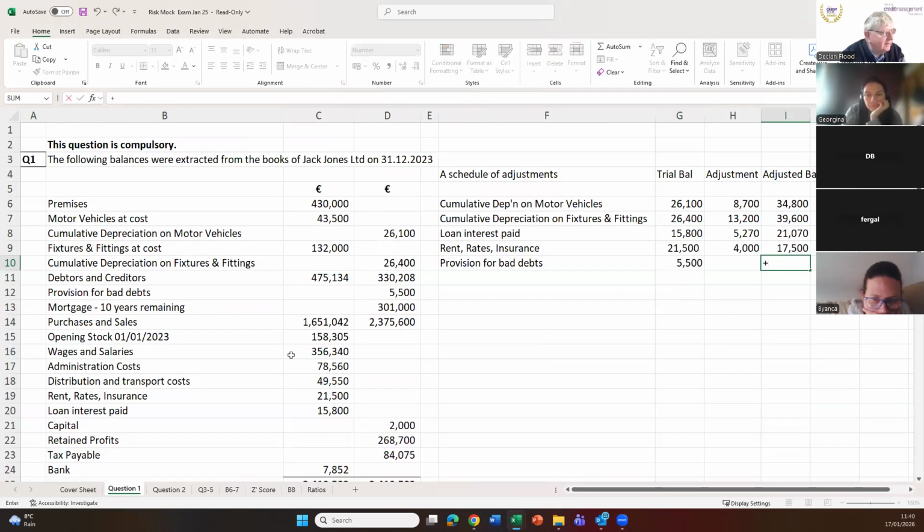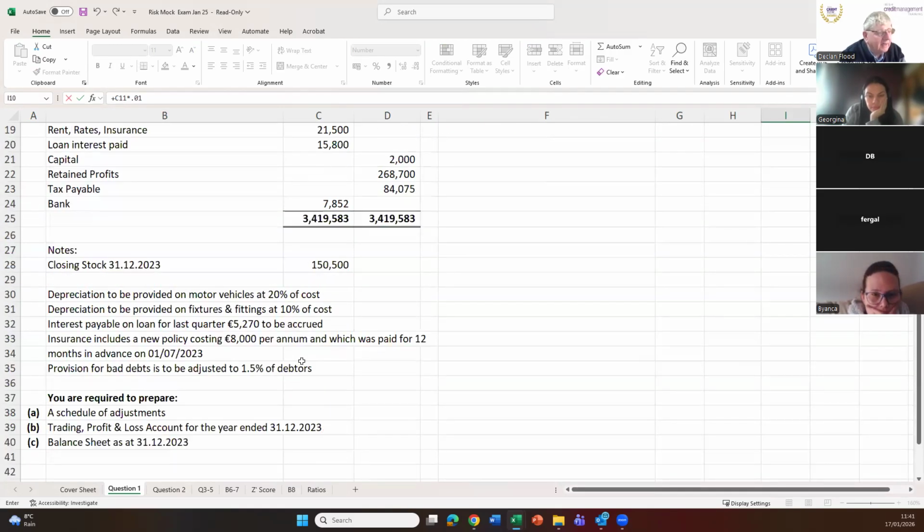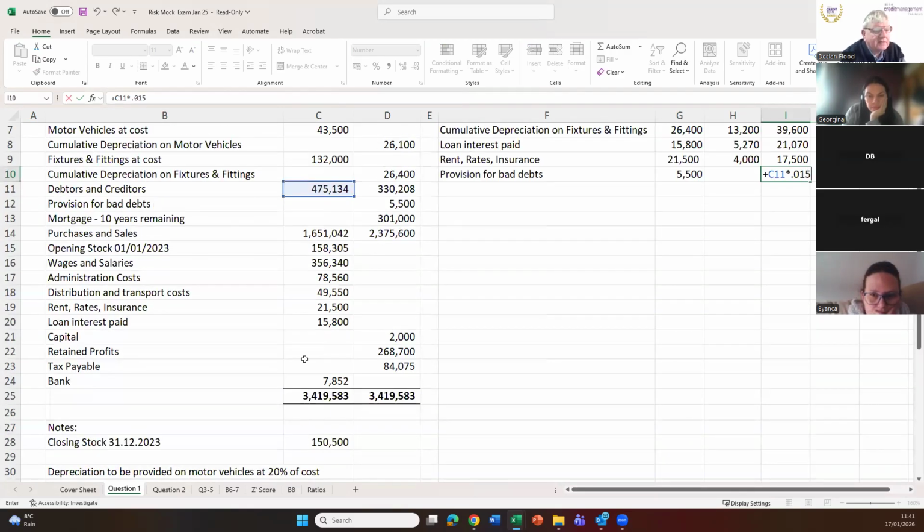So now we just take our debtors figure and multiply that by 0.015. So we have a provision in of 5,500. We want our provision to be 7,127.